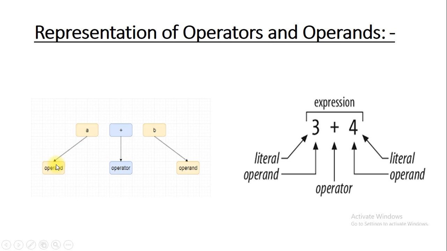So this is operand 1 and this is operand 2, and in between them we have applied an operator. Similarly, 3 plus 4, that is numbers. When you add numbers, the statement 3 plus 4 becomes an expression, with literal operand 1, operator, and literal operand 2. So in this way you are able to add two numbers using an expression as well as using operators.